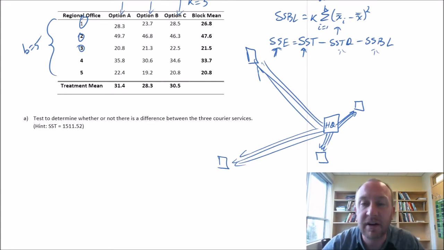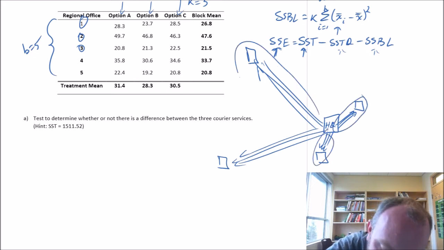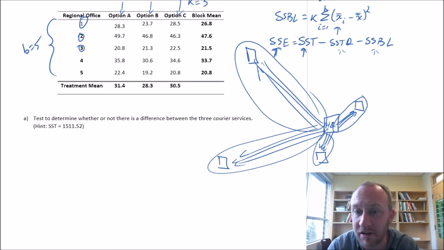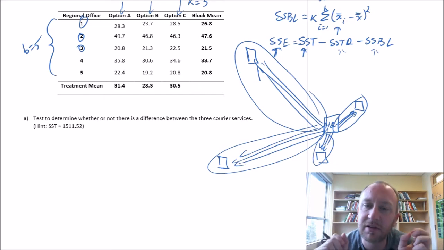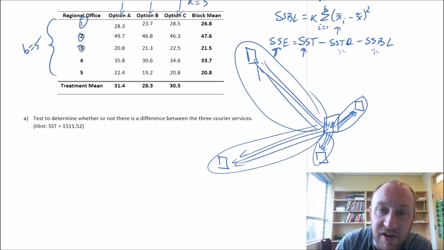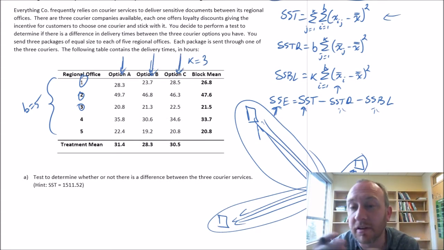There'll also be variation introduced into this data set due to differences in our observational units, which in this case, those differences are the different distances from headquarters. So that innate difference across our observational units, that introduces this other source of variation that we are going to account for in our calculations. If we account for that source of variation, it makes it easier to then identify a difference that can be attributed to differences across treatments.